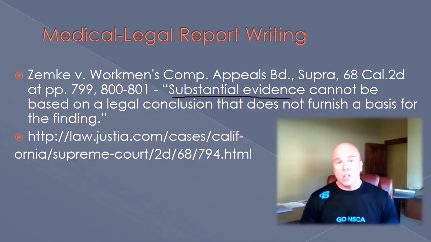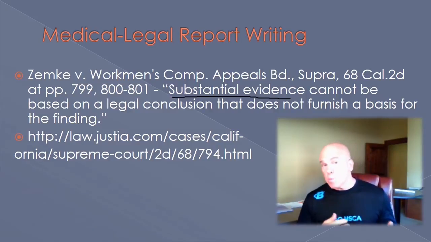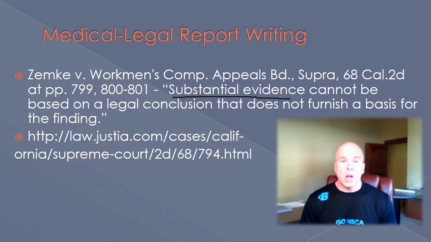See, the parties are going to look at your reasonings and they're going to look at your bases in order to determine if you're using correct principles upon which to base your opinion and conclusion. And nowhere is this more important than when we get to our permanent impairment and our apportionment determinations.